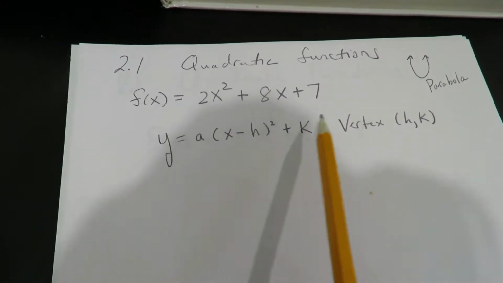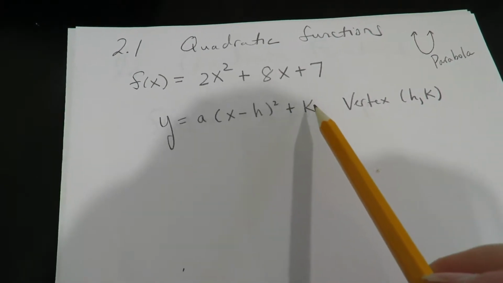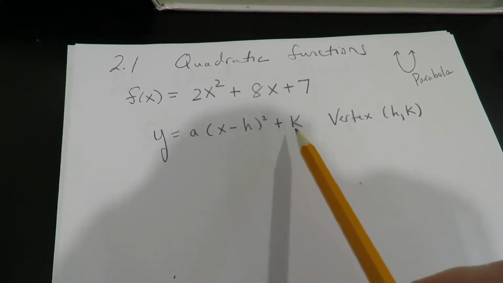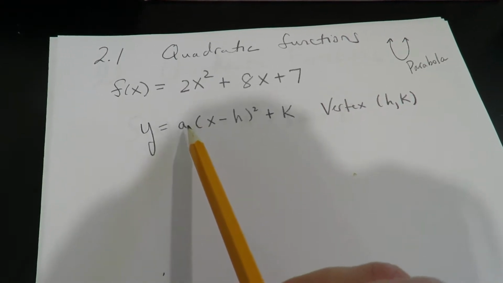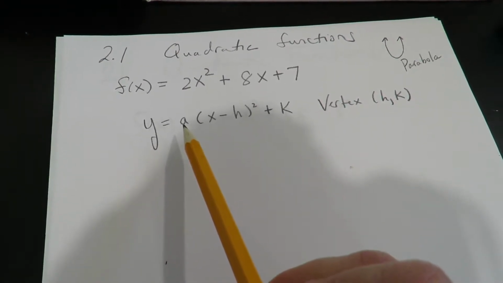So in the previous chapter, the parabola was set up so we could see the left-right shift, the up-down shift, and whether it was face up, face down, or wide or narrow.